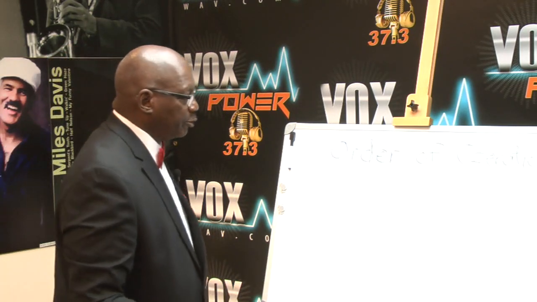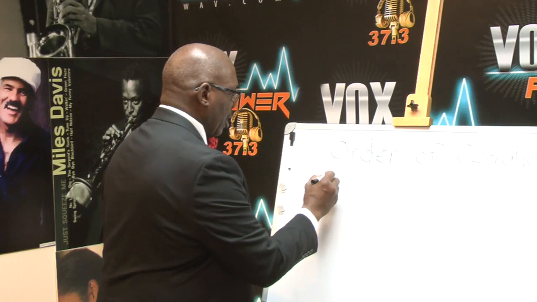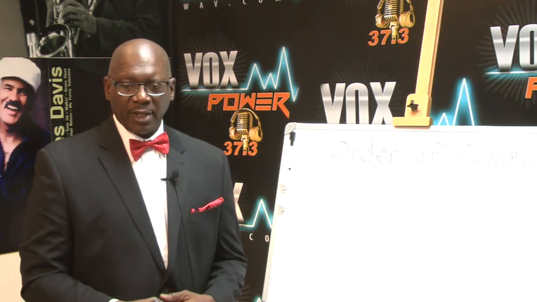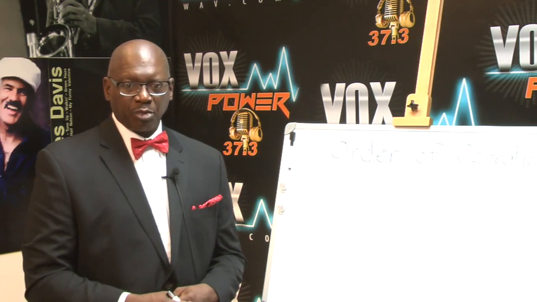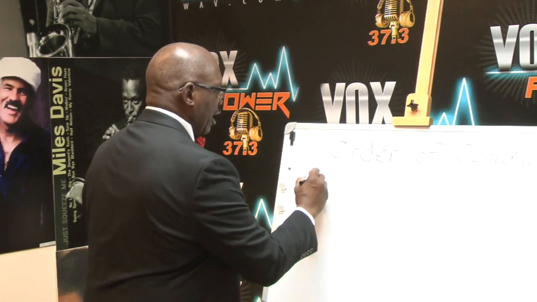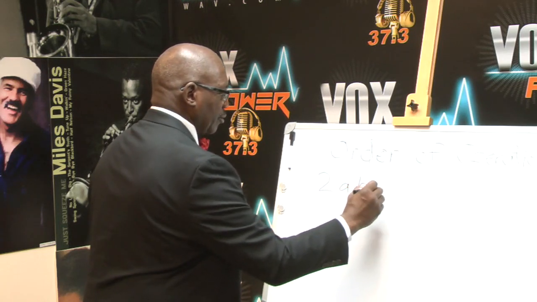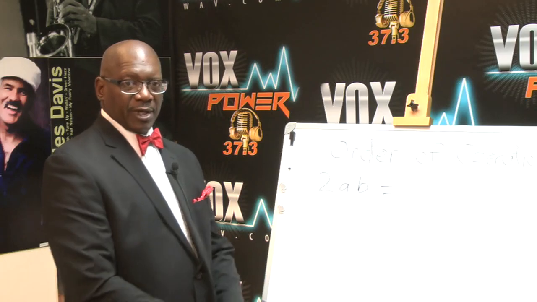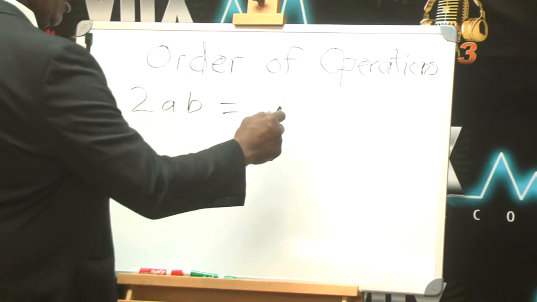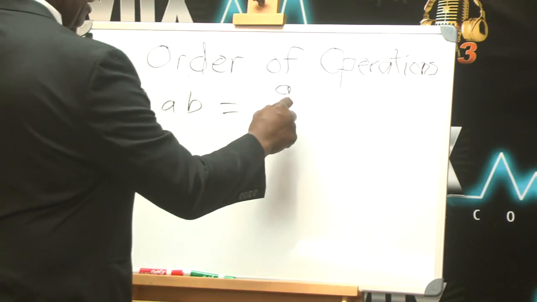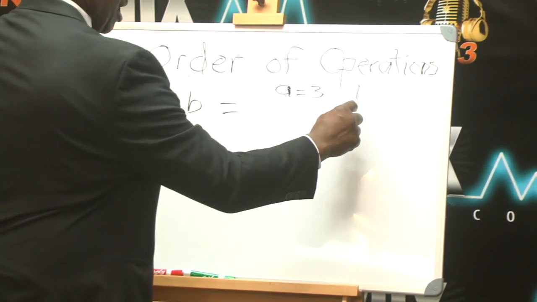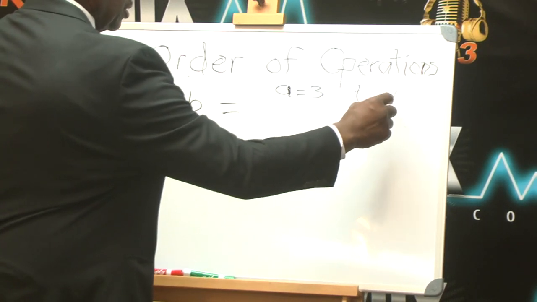Sometimes your teacher is going to give you values of variables. And I want to talk briefly about variables. Variables are a shorthand way in order to express a mathematical expression. For example, we may have 2ab equals. You can't do that the way it is. And let's say that you are given a problem where you have 2ab, but also you'll be given a value of a, which may equal 3, and a value of b, which equals 4.